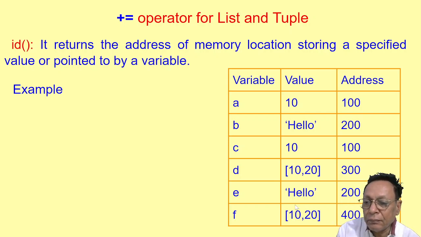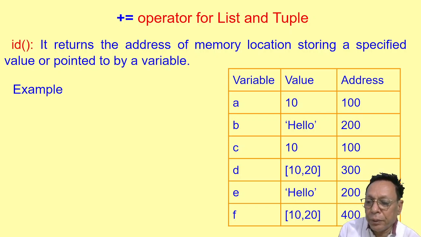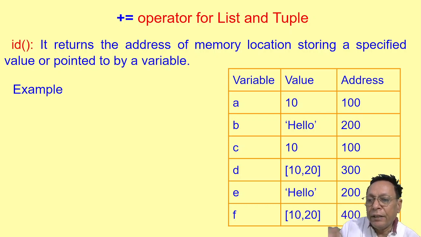But the list with 10 and 20 has address location 300, and when you create another list, say 10 and 20, its address location is 400. So you must note that these two items, D and F, have different memory locations, whereas the ID of A is 100 and the ID of C is also 100.